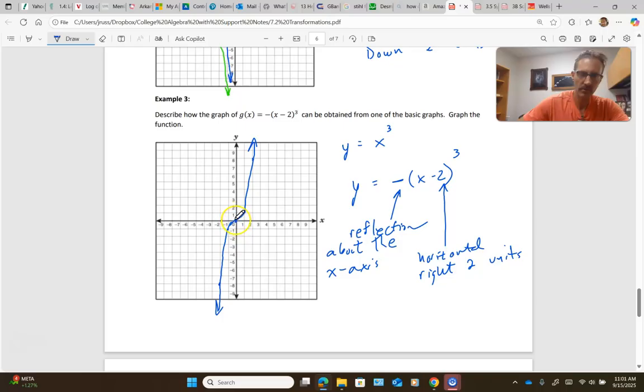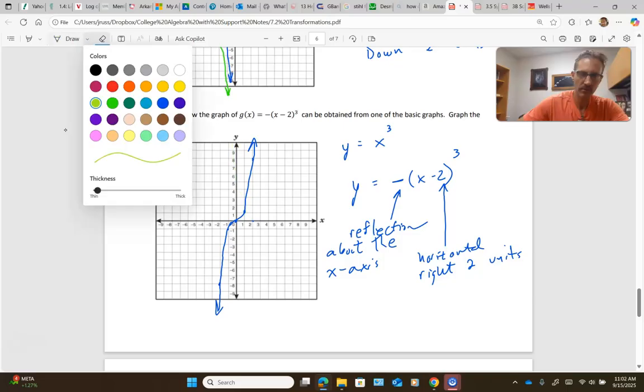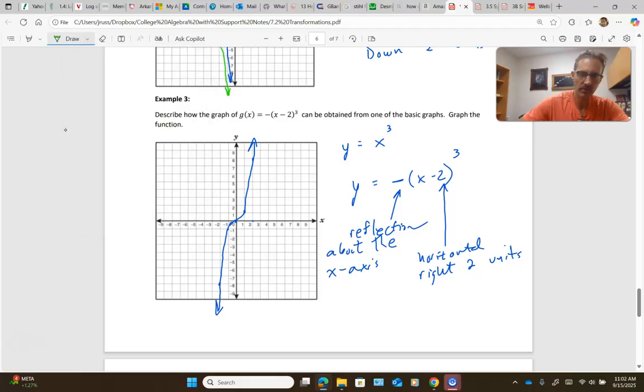Well, I can think about moving this point. So if I move this point to the right 2 units, it'll be centered right here, but then it's going to be upside down. So when I sketch it in, it's actually going to look something like this. I'm not drawing that too well. With the darker green. Yeah, it will look more like this. Okay, kind of cut across and then go down.